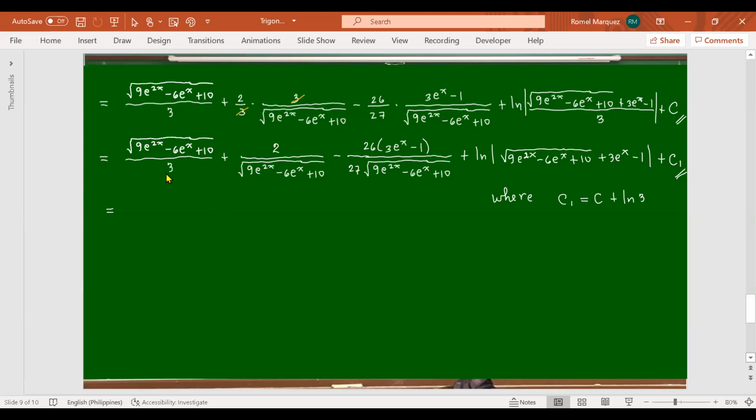I can combine this. When I rationalize this, I will have 9 e to the 2x minus 6 e to the x plus 10 all over 3 square root of 9 e to the 2x minus 6 e to the x plus 10.